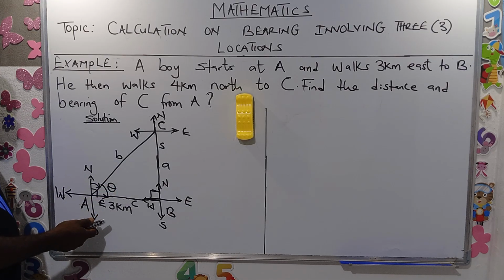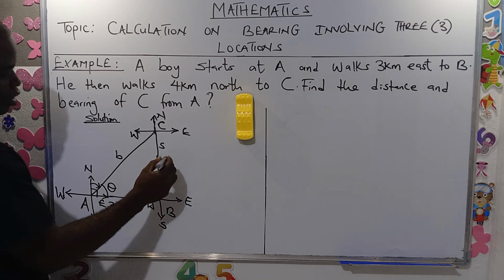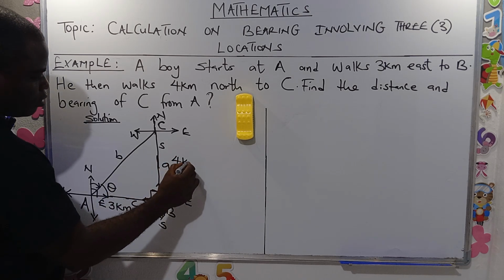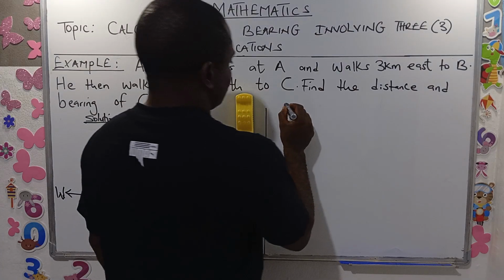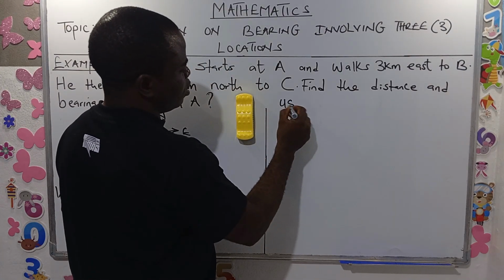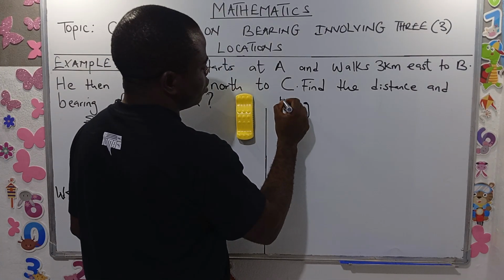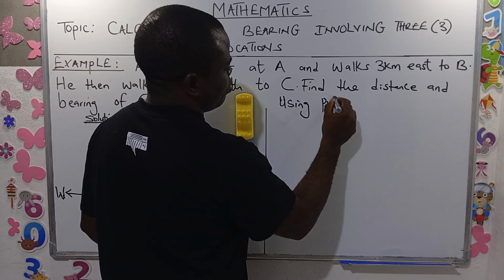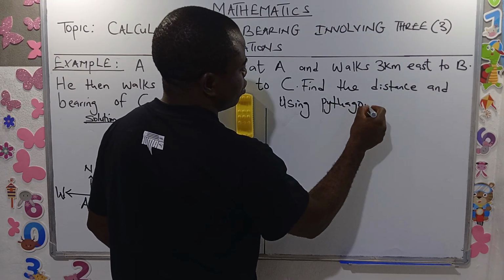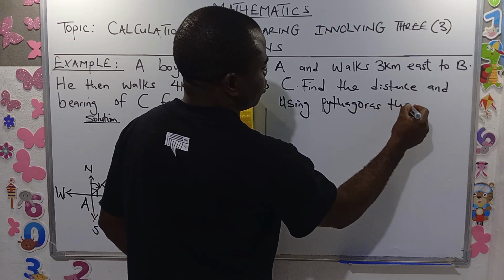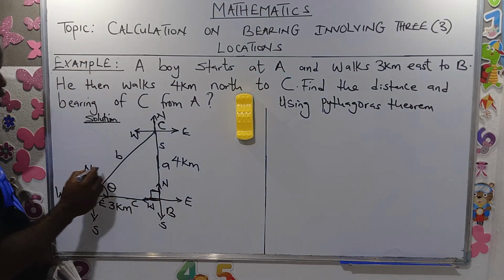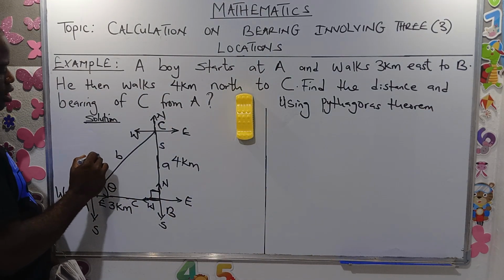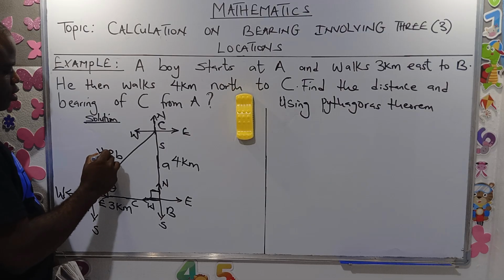Based on what you have now, we're going to use Pythagoras Theorem. This is 4 kilometers. We are looking for b to get the distance using Pythagoras Theorem. This is the hypotenuse, the longest side.